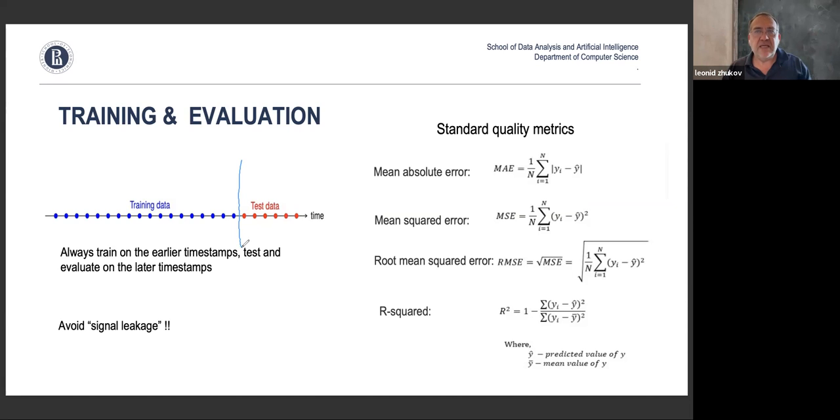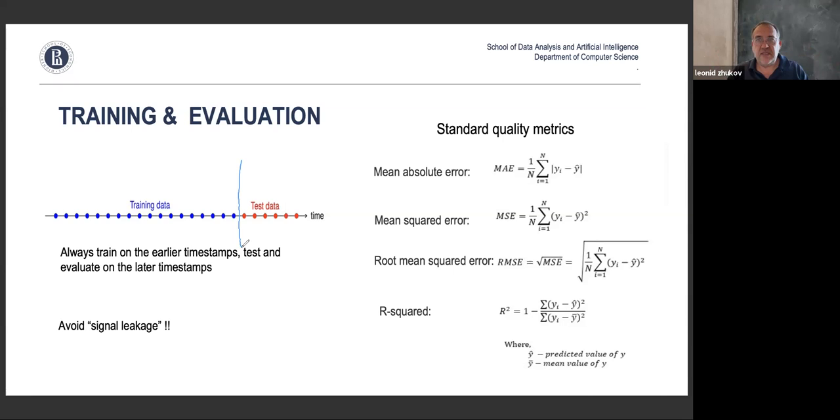And that makes using traditional cross-validation impossible. So there is a special way you can do cross-validation on time-dependent data. Remember, in cross-validation, you can pick out some intervals from the data, and those intervals can be in different parts of your data set. Here you cannot do it, you shouldn't do it.